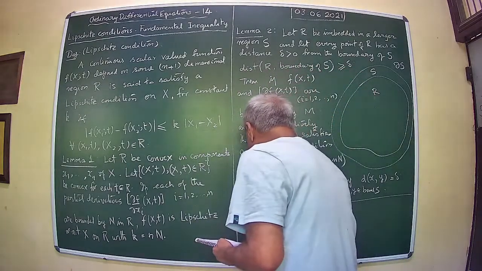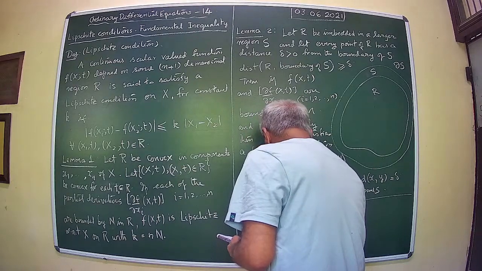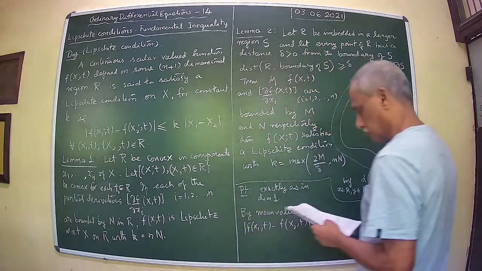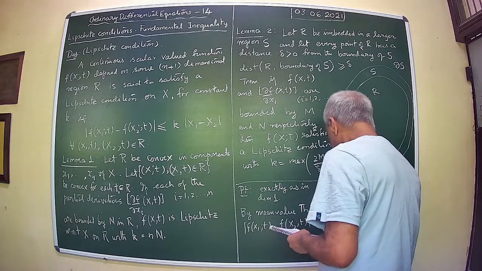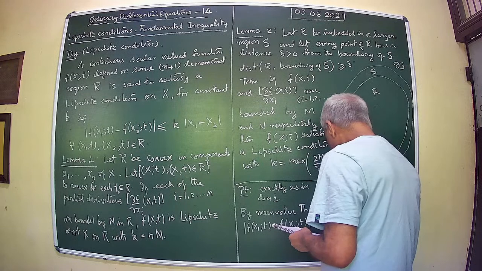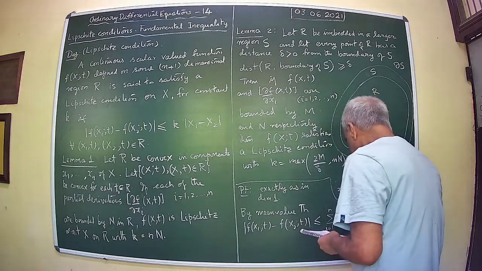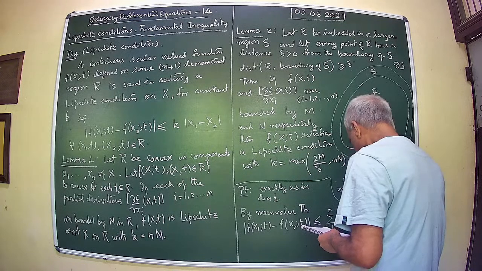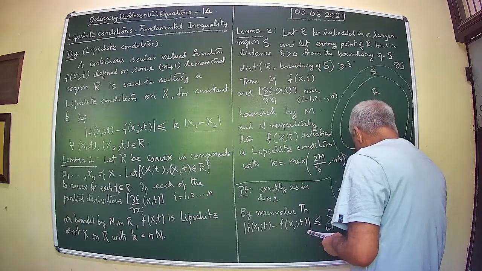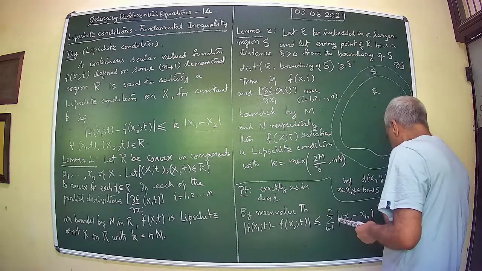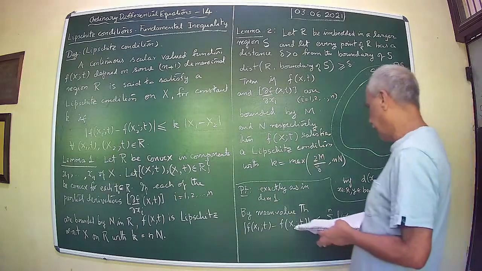We have f of x1 minus f of x2. This is less than or equal to... this is the only part where the inequality has to be done.